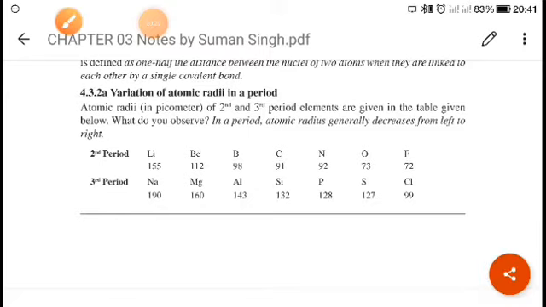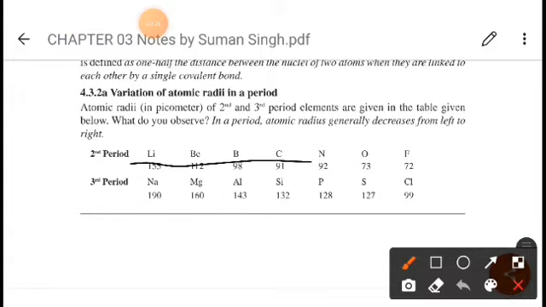When we are moving from left to right in the period, the number of shells remains the same.